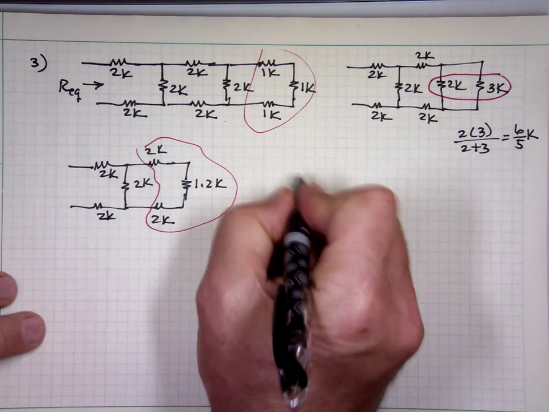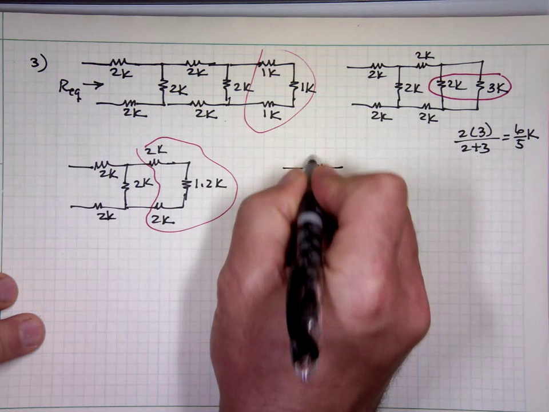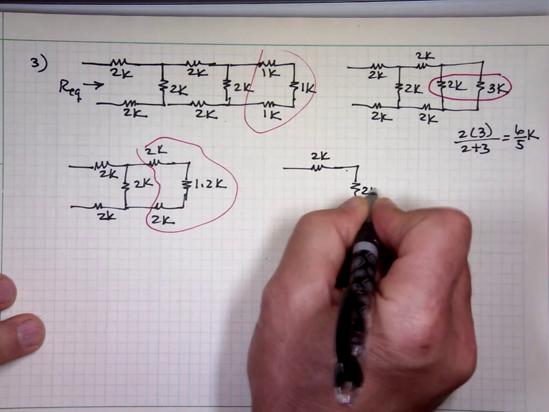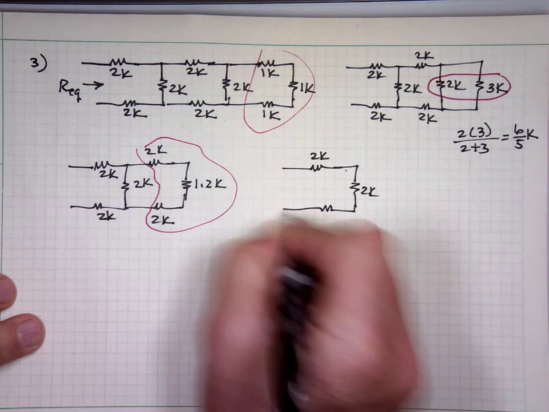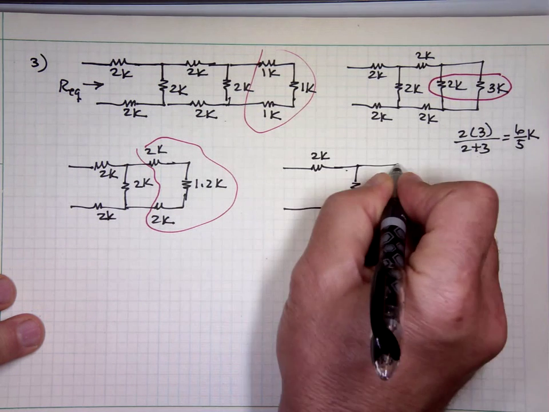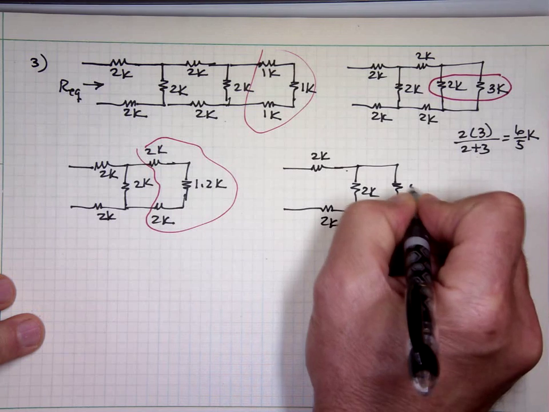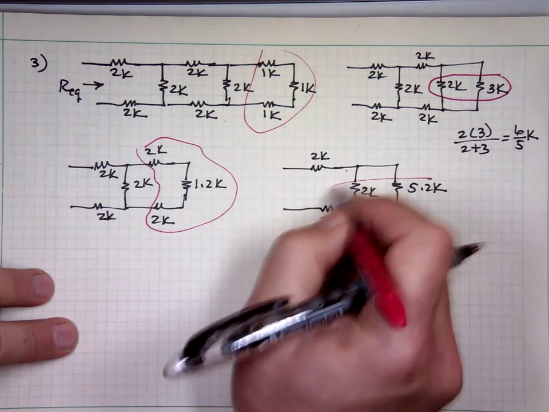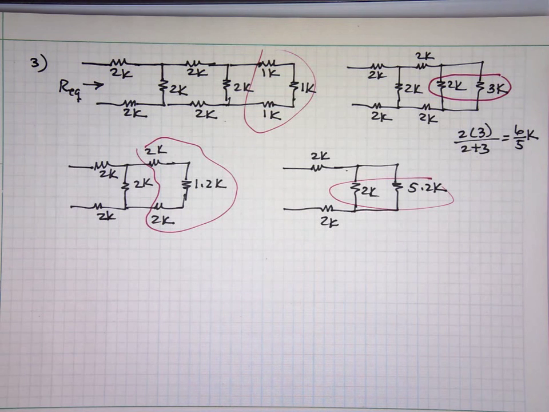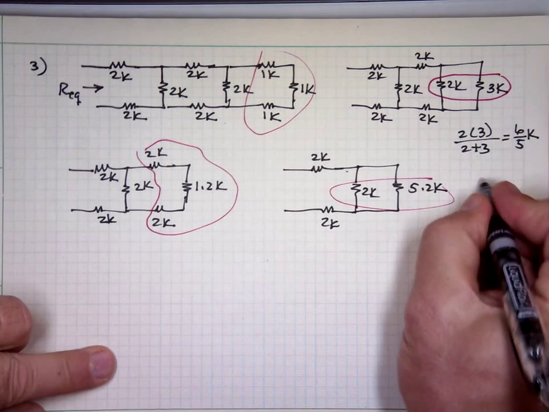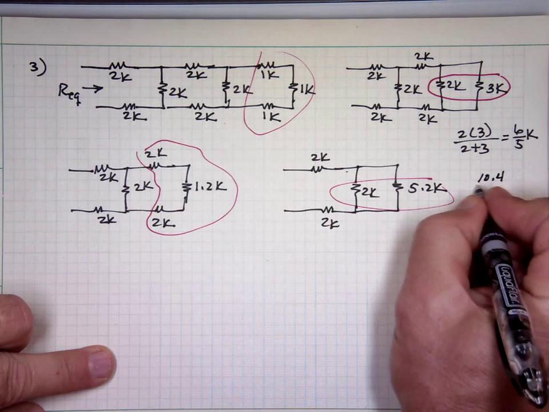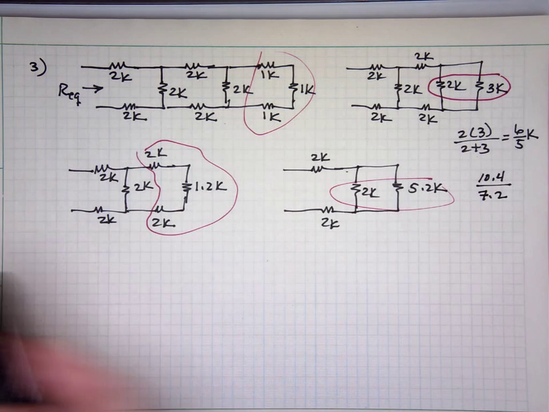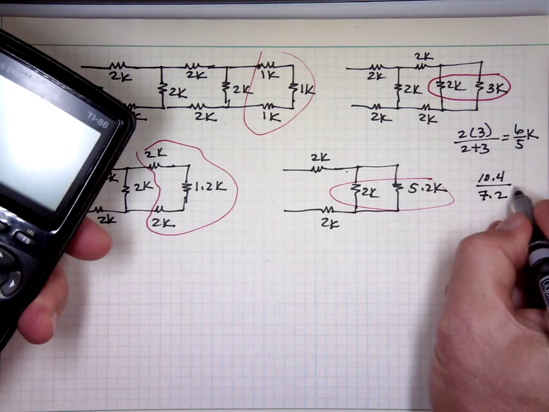Yep. And how are these connected? In parallel. Product over the sum. 10.4 over 7.2. Where's my calculator? 1.44. Yep.